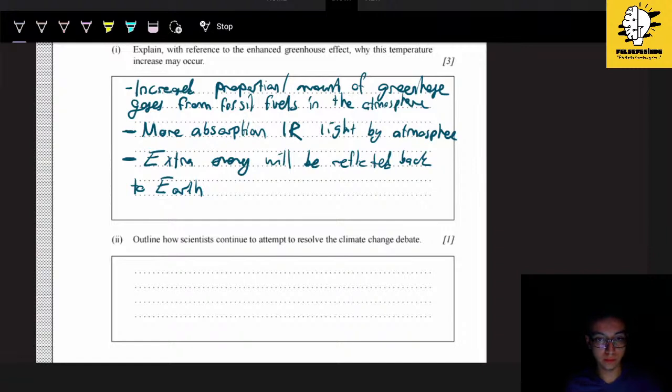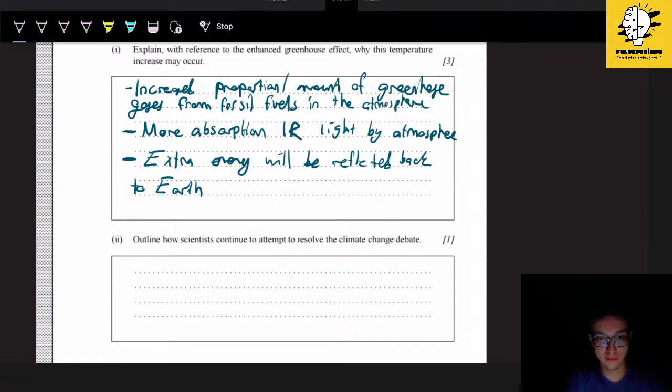Okay, so it's saying, outline how scientists continue to attempt to resolve the climate change debate. There are some scientists who say that climate change does not exist by human activities, and the others say that climate change occurs because of human activities. To resolve this issue, and you need to be aware of this debate actually, the IB asks this in at least 3 past papers.